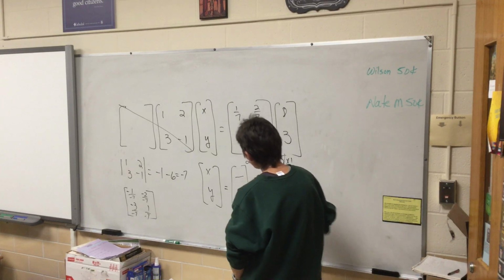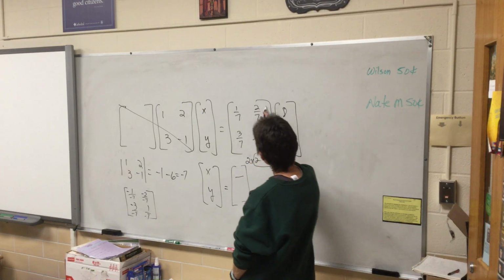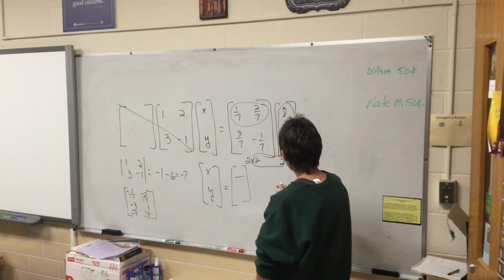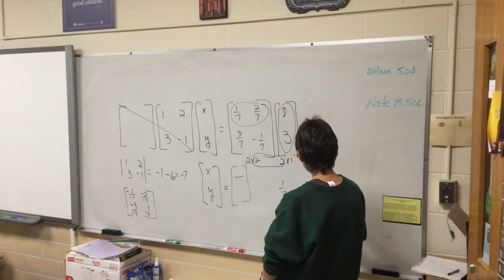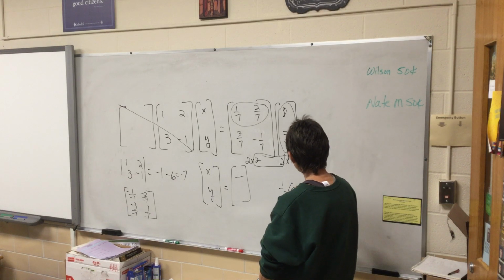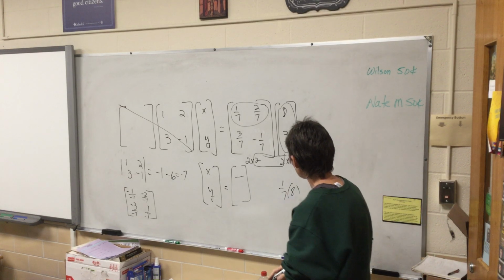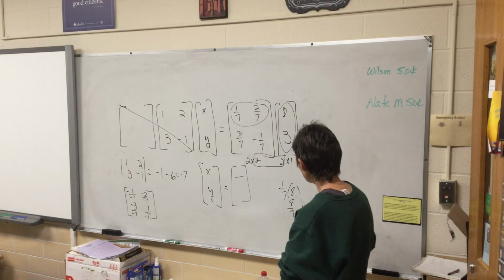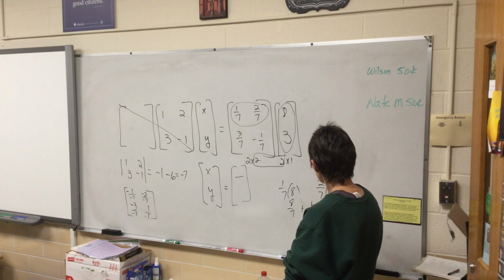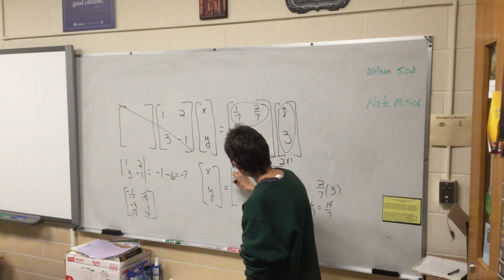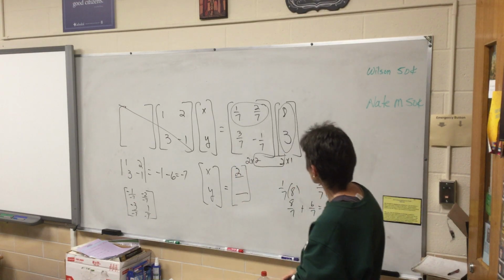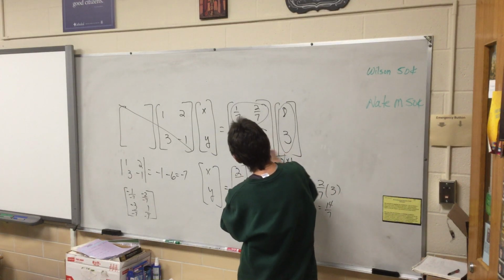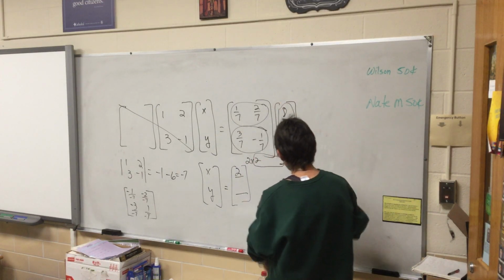So to get that number right there, I'm going to multiply my first row times my first column. So I'm going to take 1/7 and 2/7 and multiply them by 8 and 3. So I have 8/7 plus 6/7, which is 2. And then to get this number, I'll take my second row times my first column.